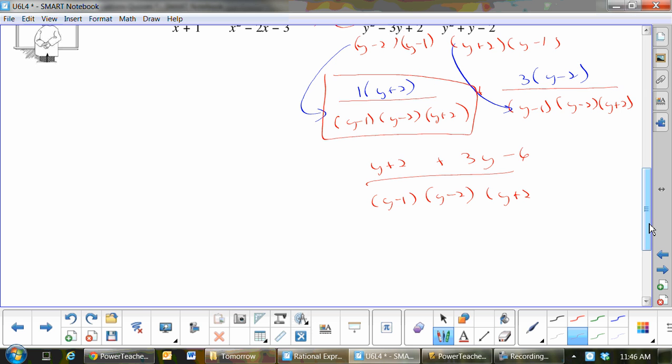I would have y plus 3y is 4y, and then 2 and negative 6 is minus 4, all over y minus 1, y minus 2, and y plus 2. Take out a 4. 4, y minus 1 all over y minus 1, y minus 2, and y plus 2.